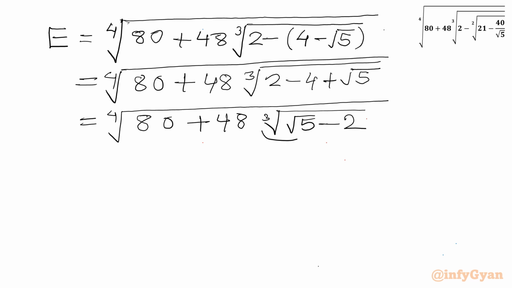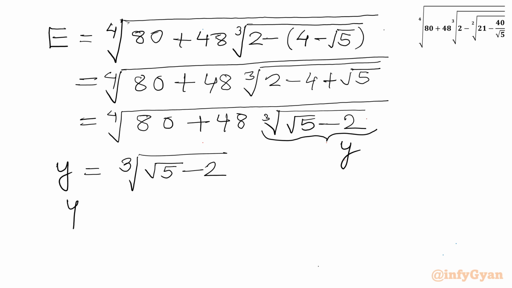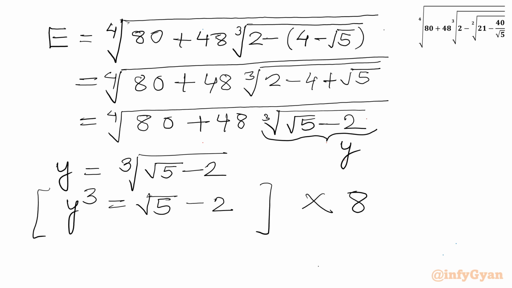So let me consider this is equal to y. So I can write y is equal to the cube root of square root 5 minus 2, or y cube equal to square root 5 minus 2. Let us multiply this equation both sides by 8.